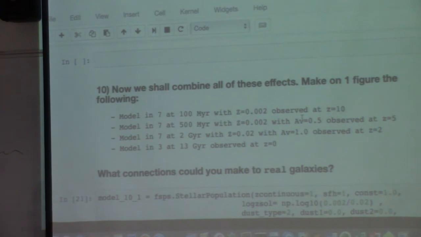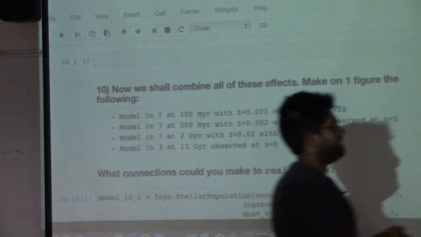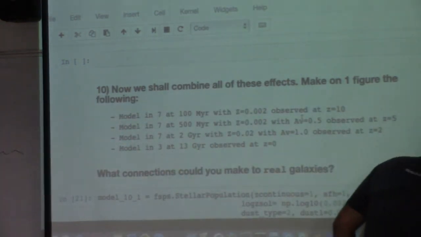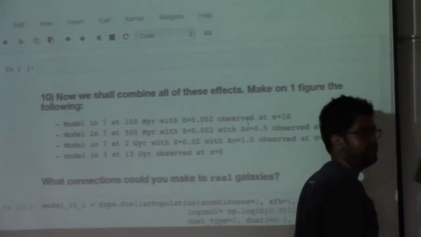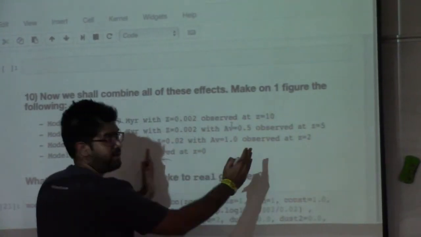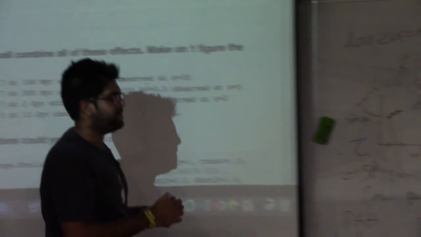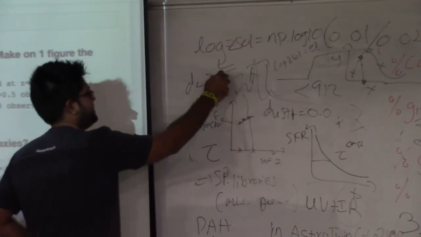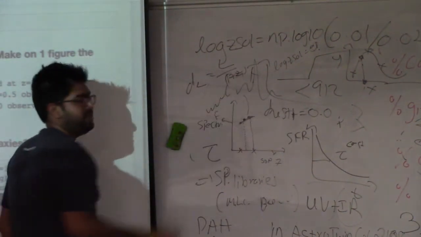You can do the same thing, but it looks like the code does not redshift this properly. So when you do the redshift, don't forget that you have to increase the wavelength if you want to get the redshift effect correctly. And also you need to consider the luminosity distance, because luminosity will get reduced by the distance, by a 1 plus z factor.